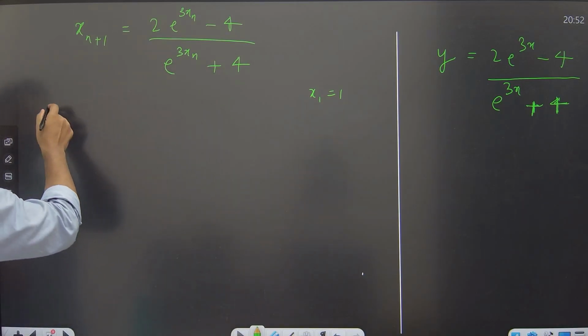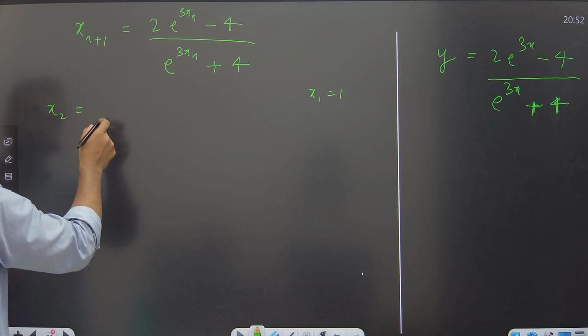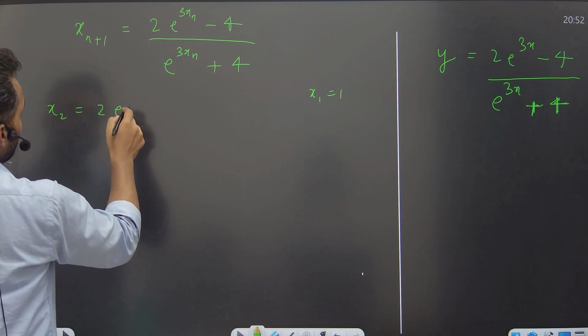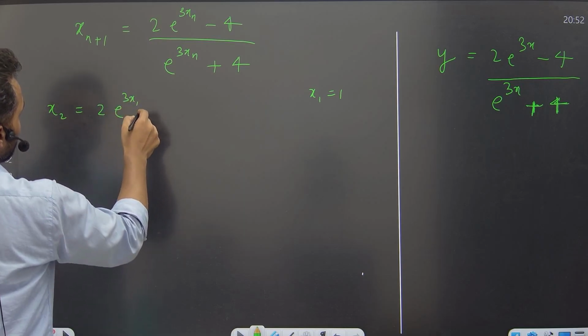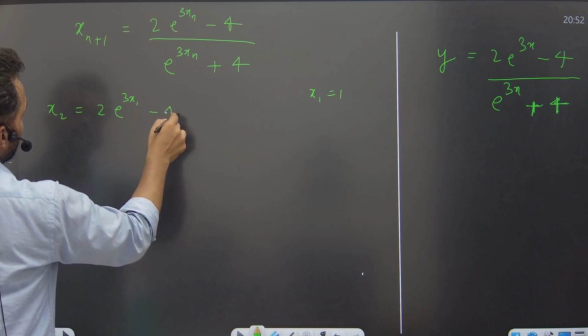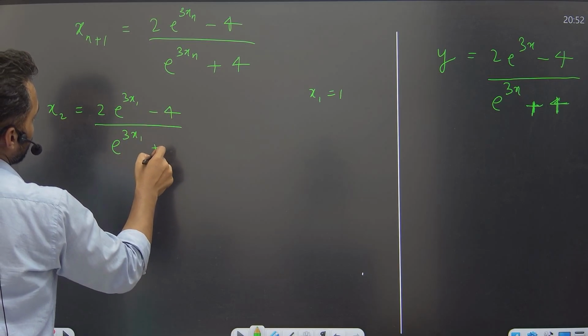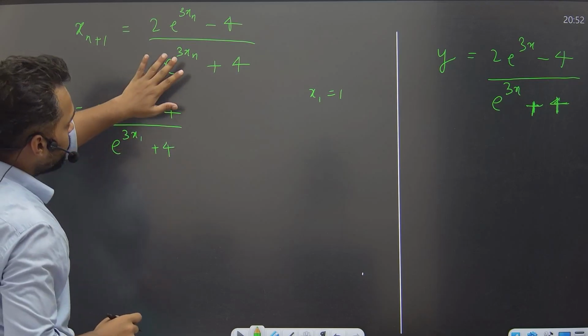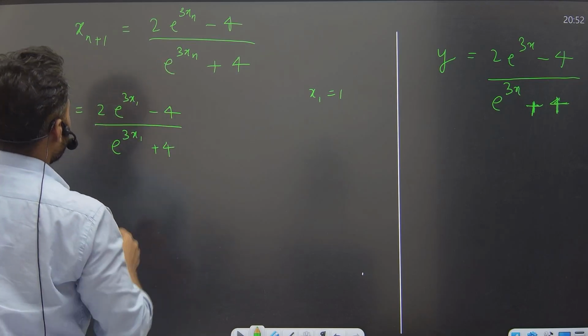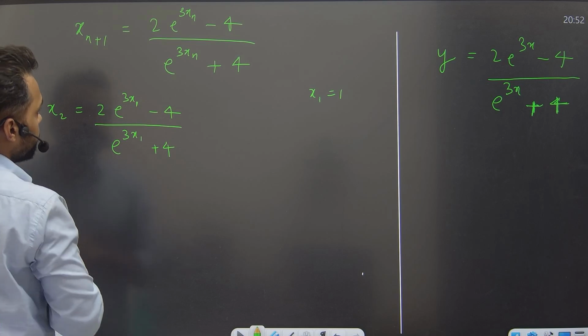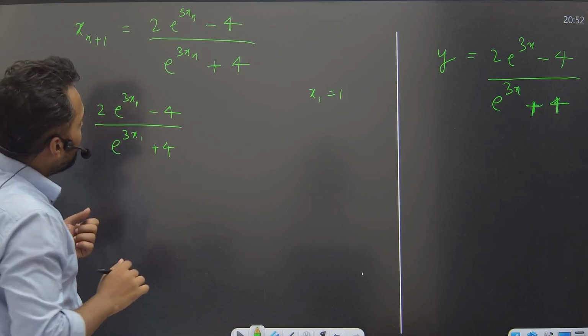Plug this value here. So what will we get for x2? We'll get 2 times e^(3x1) minus 4 upon e^(3 times x1) plus 4. Now in the question they have told that x1 is equal to 1, so we'll plug the value of x1 here, 1.